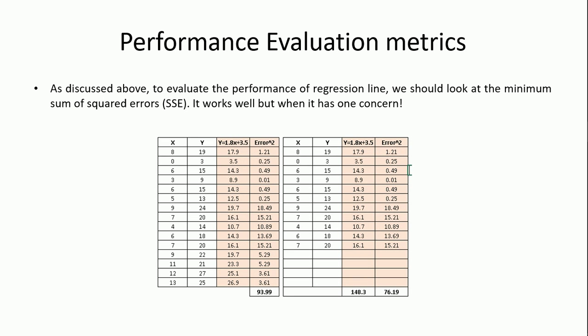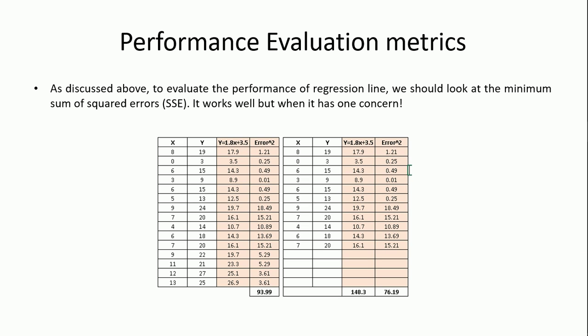Now, we have prepared the model, but there should be something to evaluate it, so performance evaluation metrics come into the picture. You can say, let's use the sum of squares of all errors as the performance metric, but it cannot be used. As you can see, there are two tables: in one, all the data points are included, while in the second, a few data points are discarded.